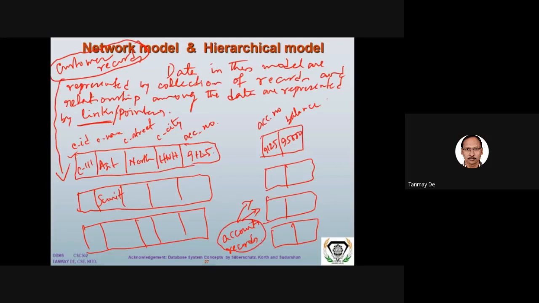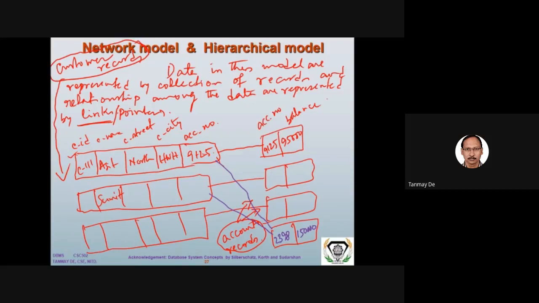Now how do relationships exist? Relationships exist by the link, just like this one. So this is 2398, and balance is, say, 150000, and so many.